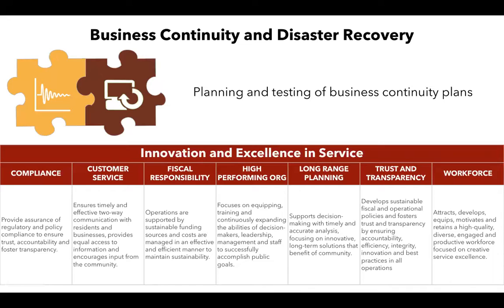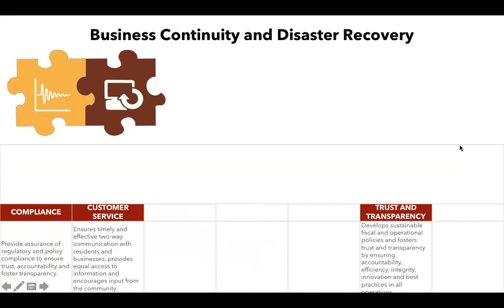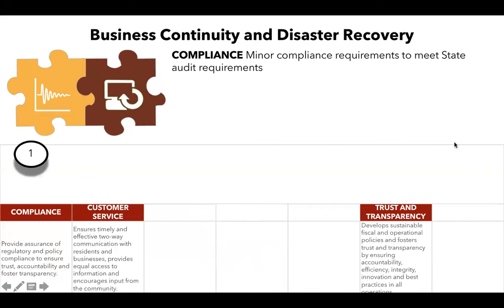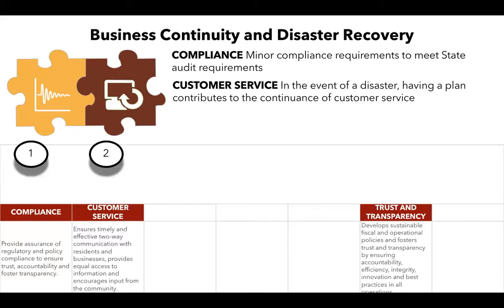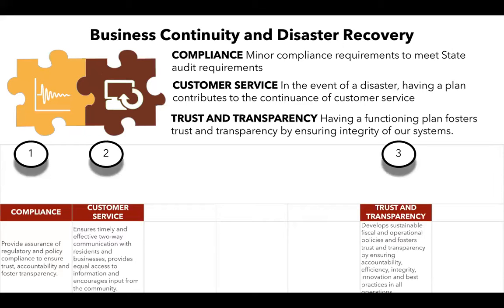During department scoring, these were some of the scores. Business Continuity and Disaster Recovery received a 1 in compliance, and there's the description that was provided by the department: minor compliance requirements to meet state and audit requirements. It scored a 2 in customer service with the comments there, and a 3 in trust and transparency.